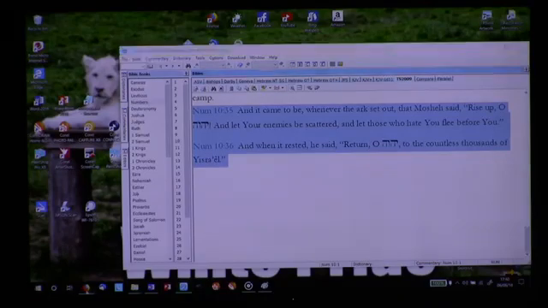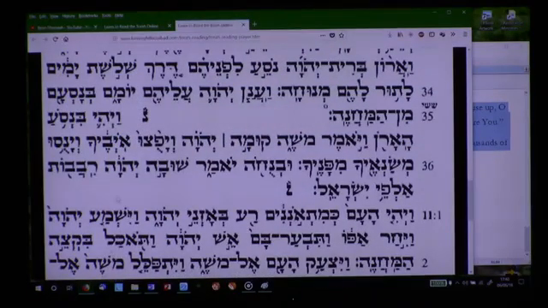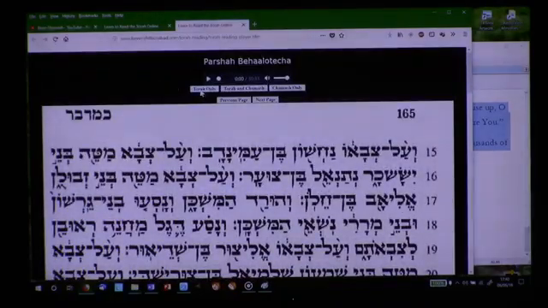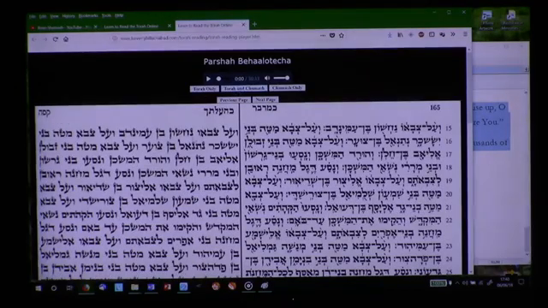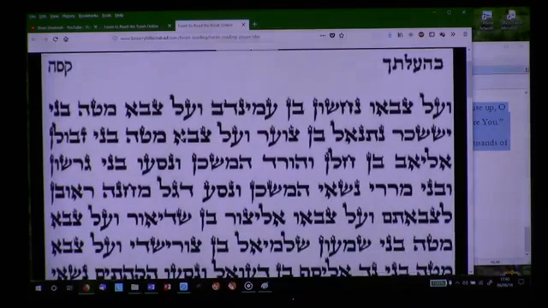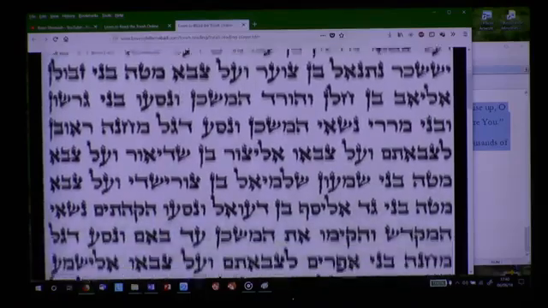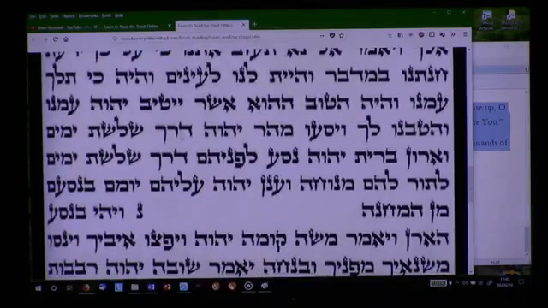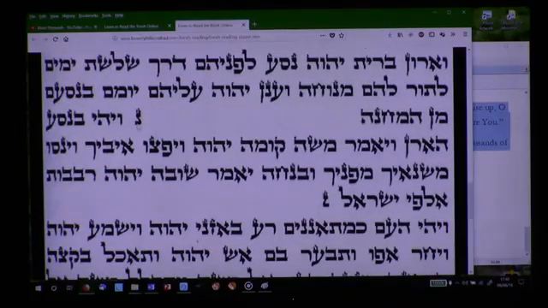Well, in the Torah scroll, this is what we have in that particular column. I believe this is column 162. This is what the Hebrew looks like. And we go rolling down the column, and we suddenly come across this stuff right here.